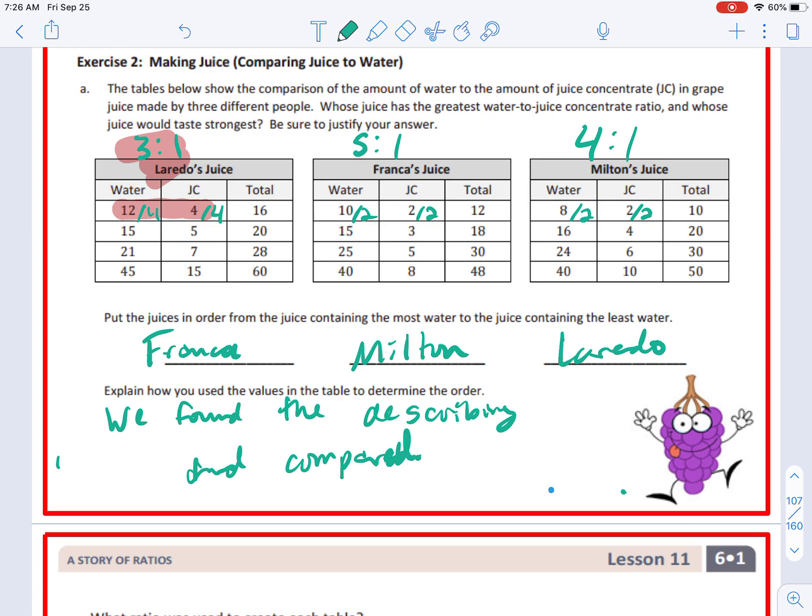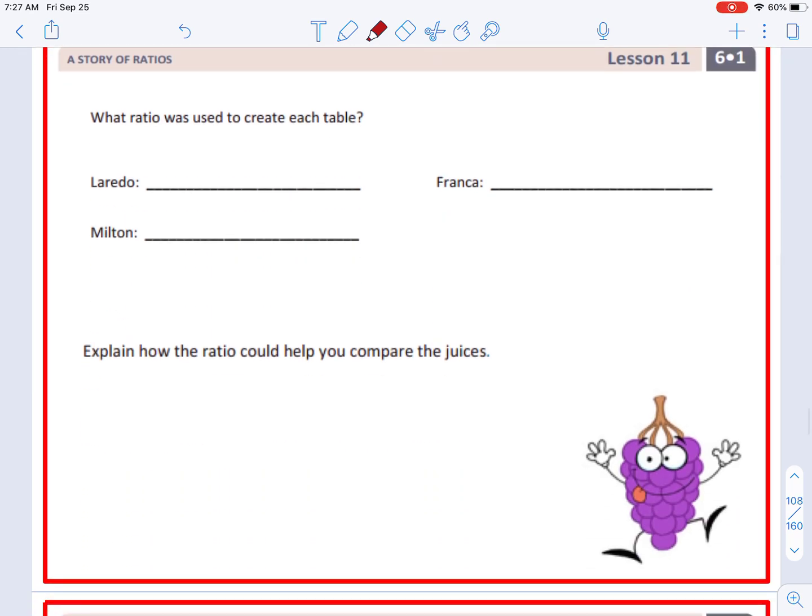All we're doing is finding the original ratio, the ratio that describes the ratio table. Since it's not starting with a 1, we have to divide. We have to find ways to divide to get to the simplest term of a ratio, the original ratio. All right, let's move on.